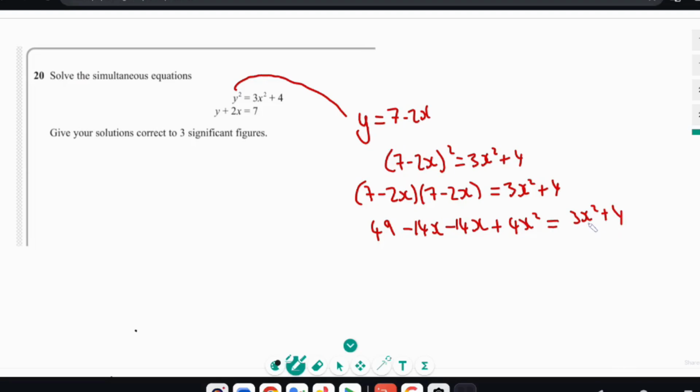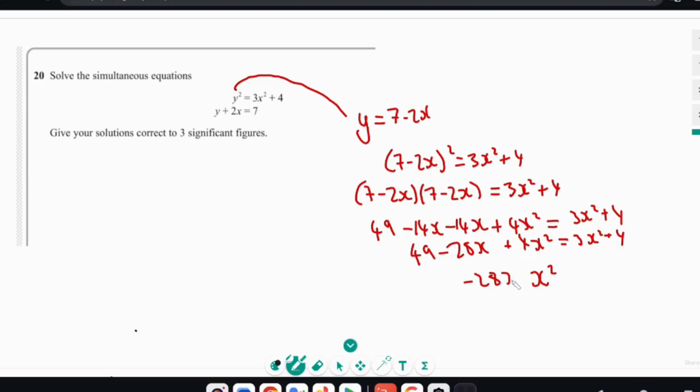Okay, let's do a little bit of rearranging here. 49 minus 28x. The quadratic equation, so I need to get everything over to one side. I'm going to choose the left hand side, so I have a positive x squared. I'm going to take 3x squared off both sides, which will give us an x squared here.